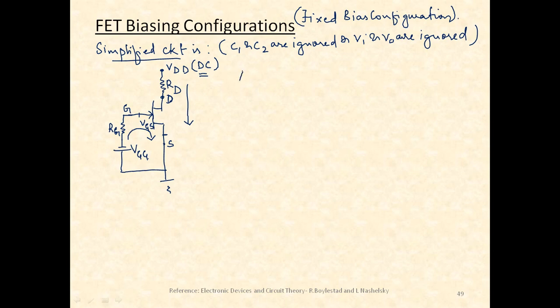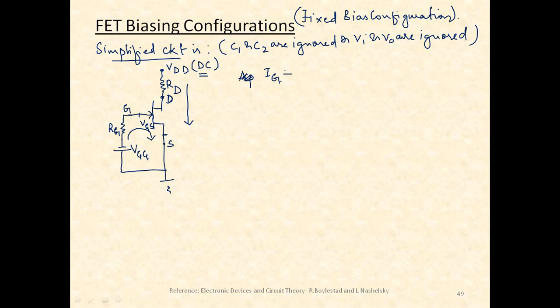Fine. Now applying, before that let us try to understand that since JFET is a voltage controlled device, what will be the gate current IG? Normally, JFET is a voltage controlled device. The voltage controlling parameter is the gate voltage VGS.